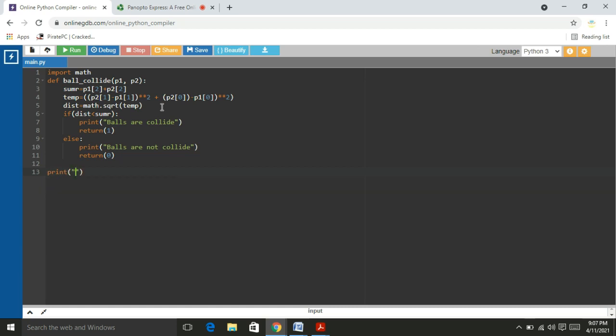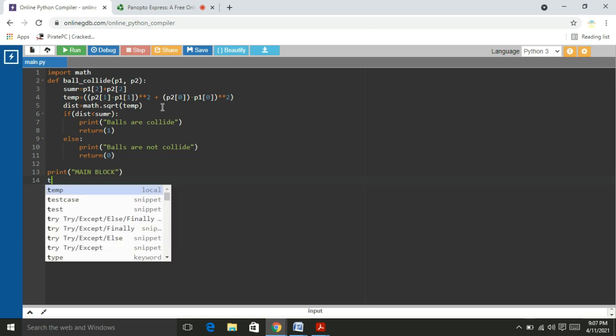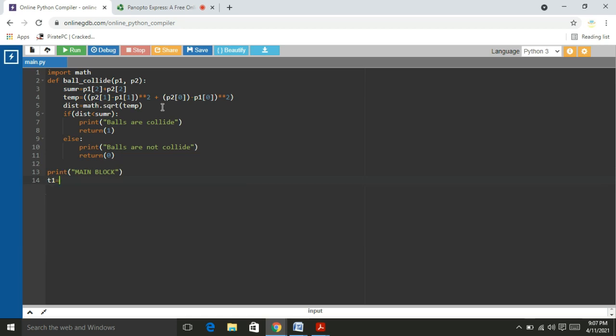For our convenience I am going to write it as a main block, and here I am going to initialize the two tuples, that is t1 equal to tuple created with the angular brackets 2 comma 2 comma 2, and I am going to write t2 as another tuple with angular brackets 2 comma 4 comma 7.